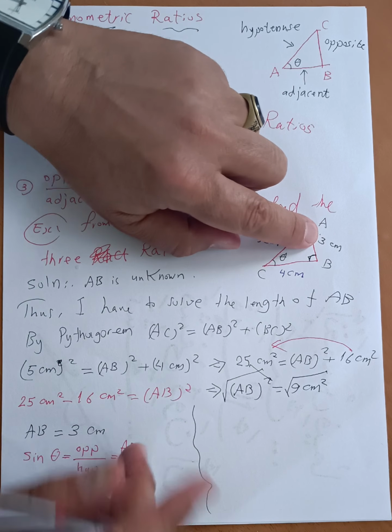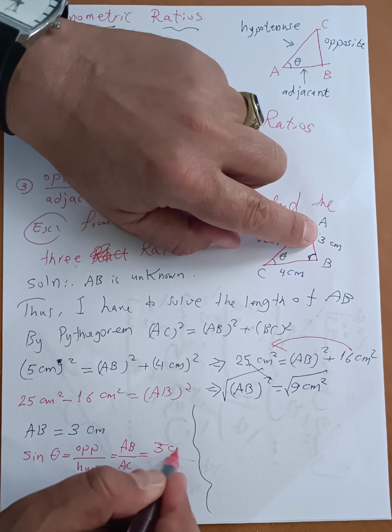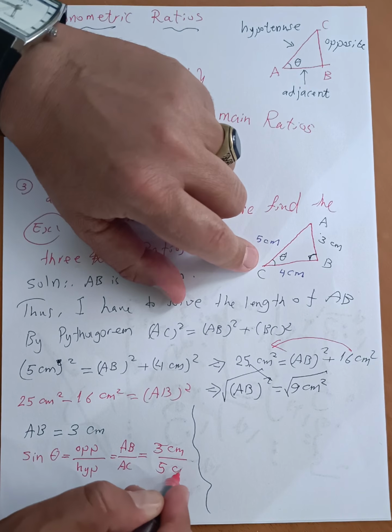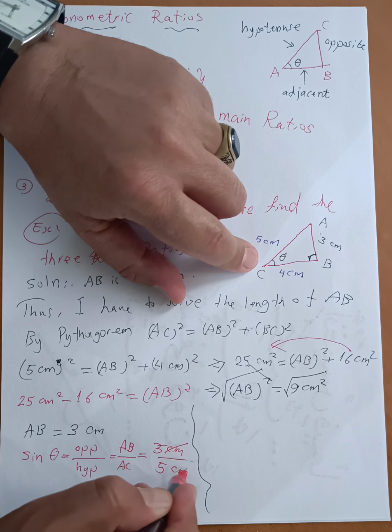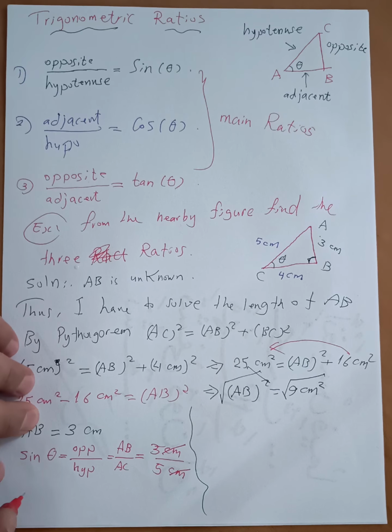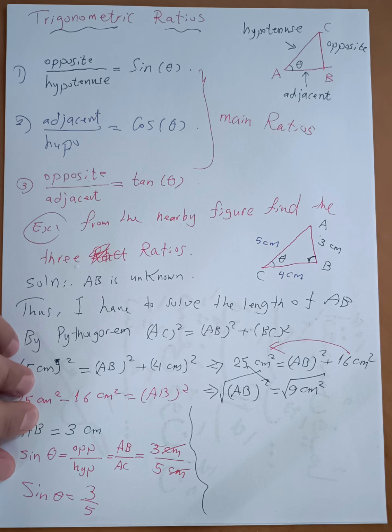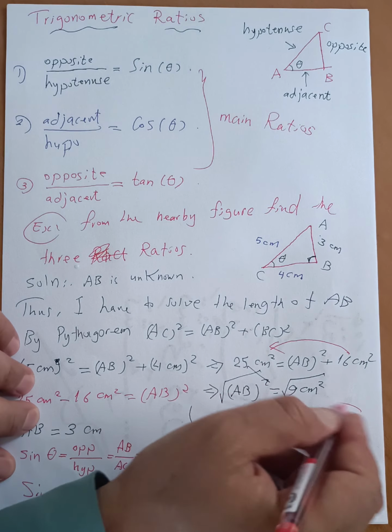AB is 3 centimeters by AC 5 centimeters. Centimeter goes with centimeter. I mean sine theta equals 3/5. Without units, I call it a ratio because it is free. It doesn't contain any units.